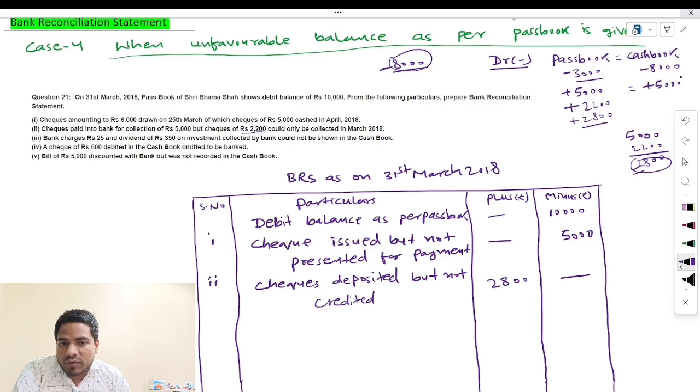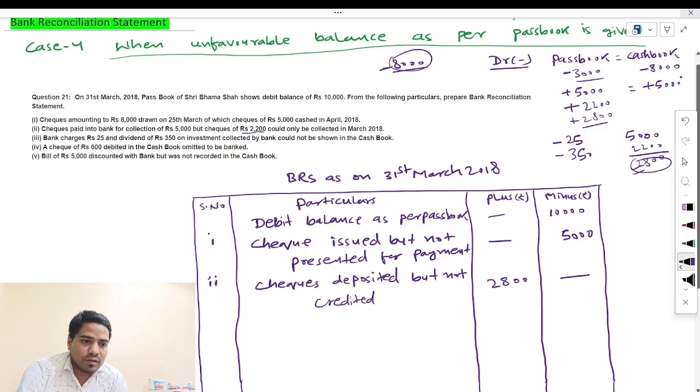Come to the next transaction. Bank charges of 25 and dividend of rupees 350 on investment collected by bank could not be shown in the cash book. Bank charges means the bank has deducted 25 rupees, and dividend on investment is 350. This balance has been added in your passbook, but it has not been shown in the cash book. Here we cannot change the cash book; we have to change only the passbook.